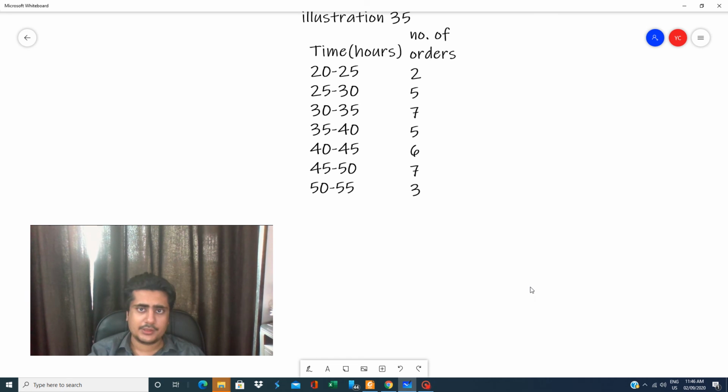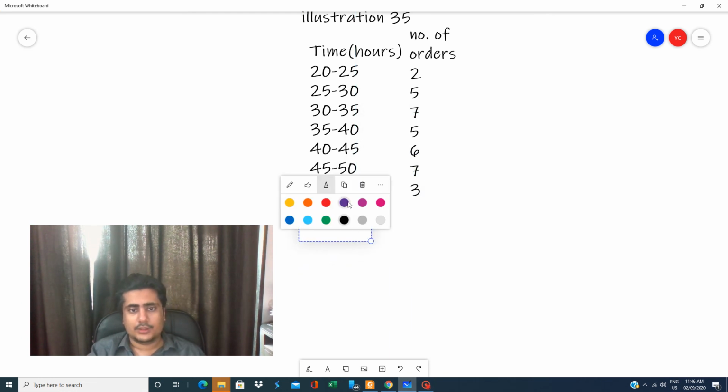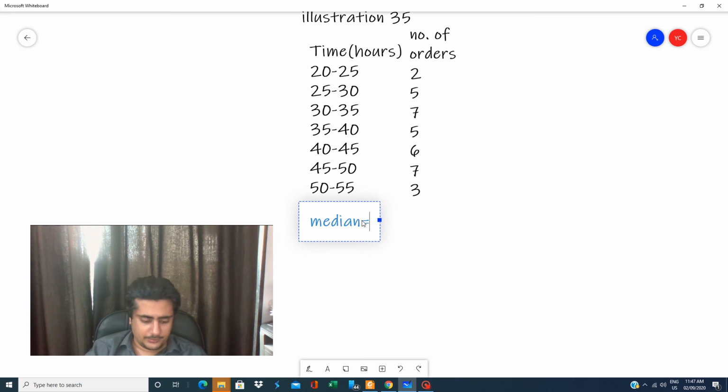3M is 3 into median. So the very first step is to find the median. Now what is median?